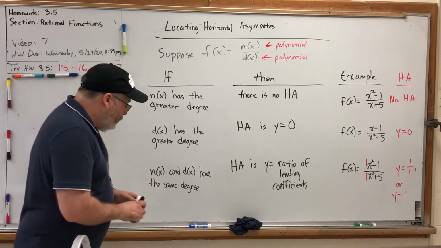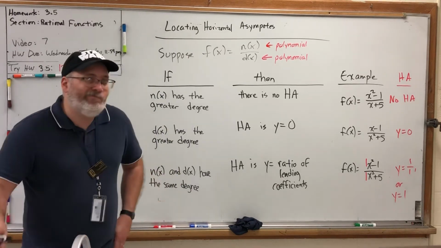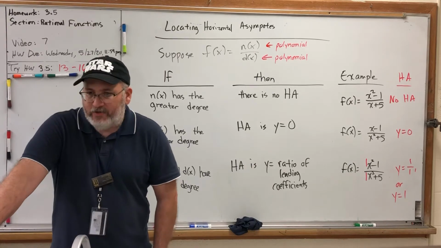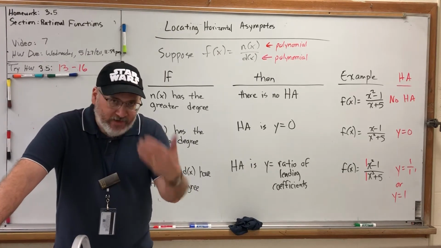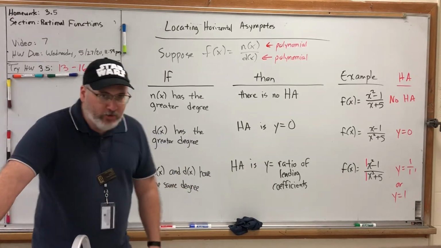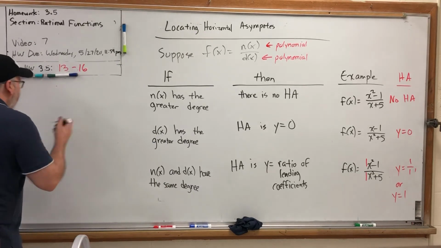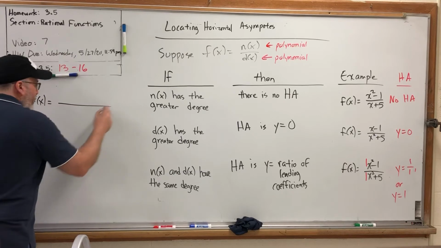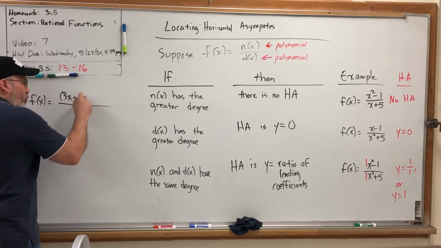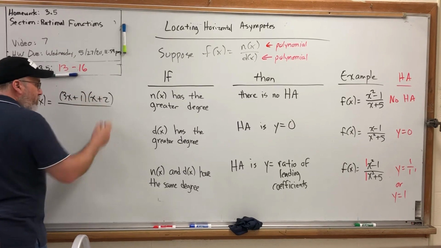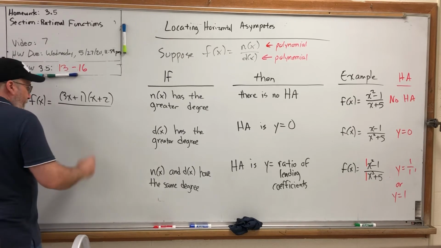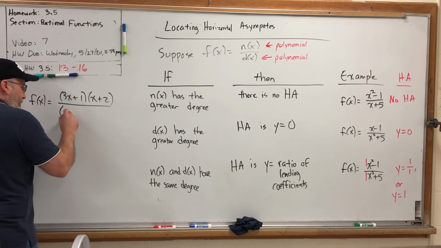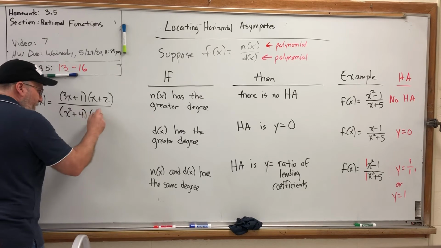Now, we ran into a situation quite a few videos back when we were looking for the leading term of something that was factored. Just as a reminder, if you had something like f of x equals 3x plus 1 over x plus 2, and on the bottom we had something like x squared plus 4 over x minus 1.